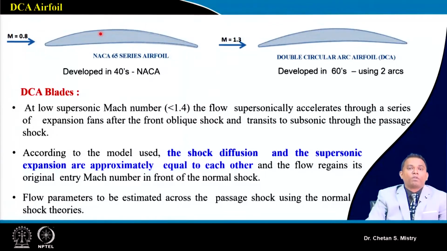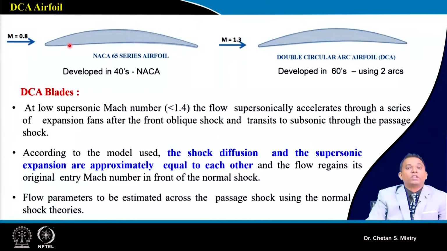Because the flow behavior is acting in a little critical way, it gives very high losses, and that was putting a constraint on using this NACA 65 series, especially for transonic or supersonic compressors.